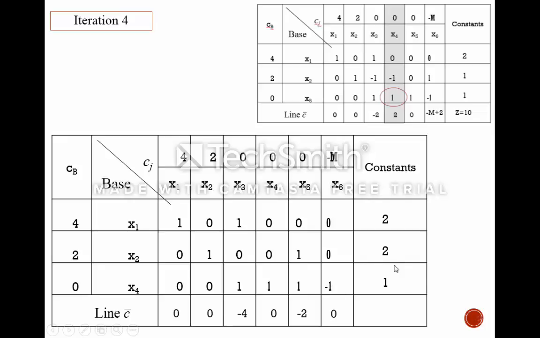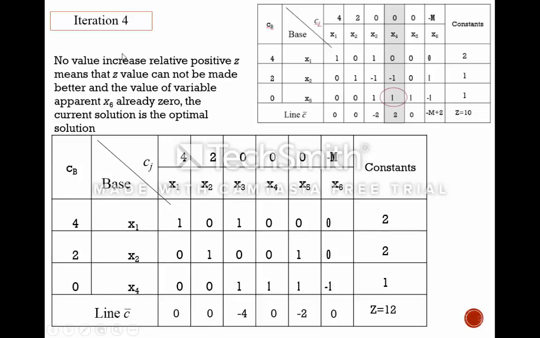So we get the z is 12. As you can see, there is no m, so it's finished. No value can increase the relative positive z, which means that z cannot be made better, and the value of variable x6 is already 0. The current solution is the optimal solution.